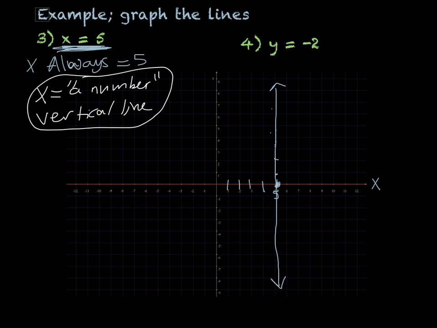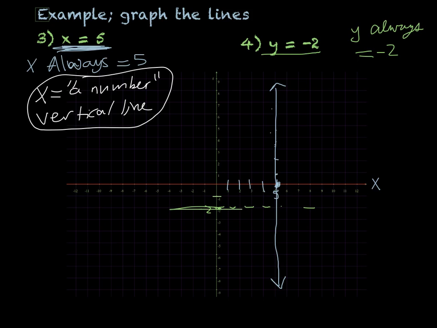And this next one we have y equals -2. So we want to find where y always equals -2. So y is -2, 1, 2 down, -2 at this place, and it's always -2 right here.